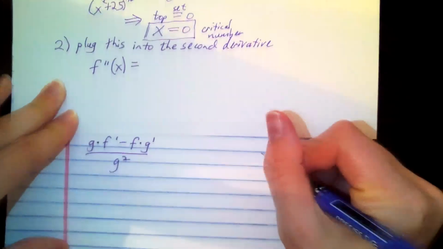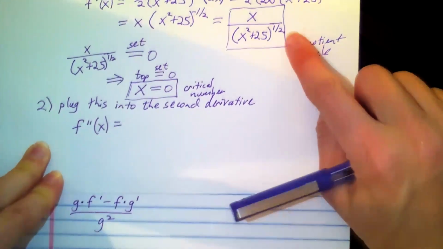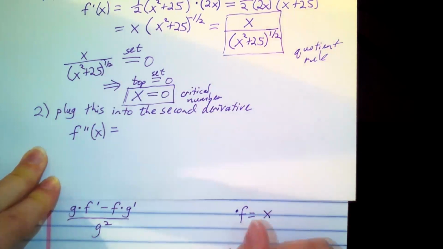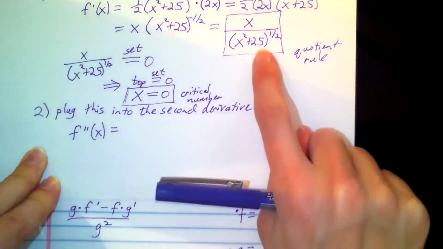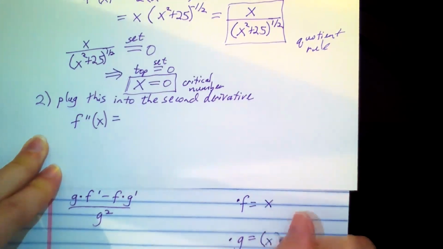So what I like to do is come over here and make a list, and I label my parts. For this quotient, the top part, x, is labeled as f, and the bottom part of my fraction is labeled as g. So that would be x squared plus 25 to the 1/2 power is g.